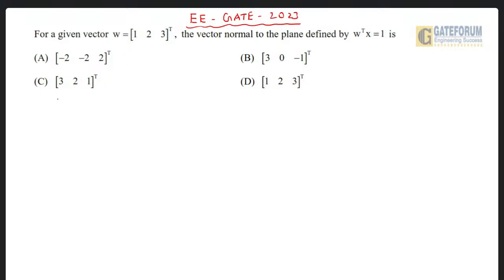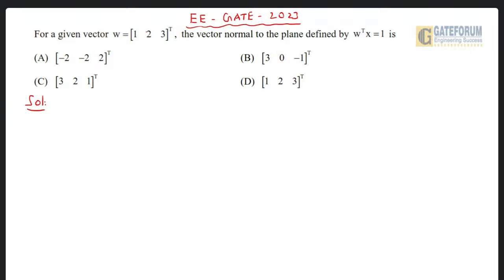The solution is: vectors can be represented in i, j, k notation, as a directed line segment, or in row vector or column vector notation. We know that a plane equation is generally a first degree equation in x, y, z coordinates. So here W is given but X is not given.